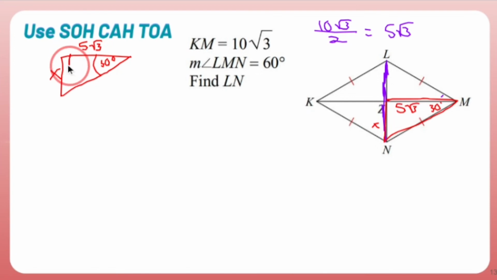Now, the devil is saying, use special triangles, boy. It says use SOH CAH TOA. So get thee behind me, Satan. I'm going to use what the rules say I use, because the rules are not meant to be broken. So I have 30. 5 root 3 is opposite of that. No, it's not. It's adjacent.